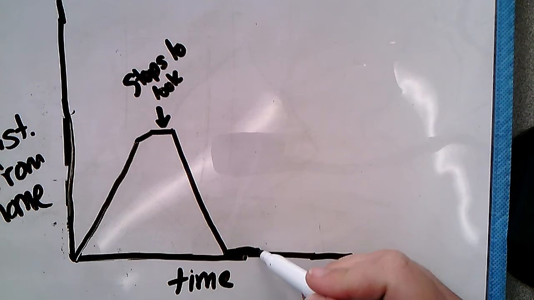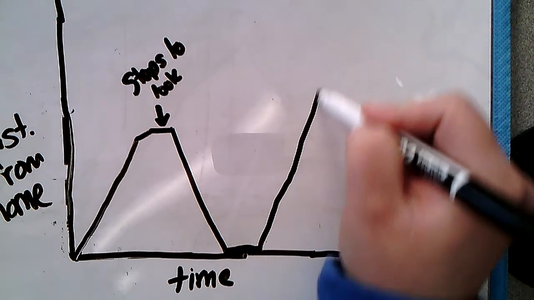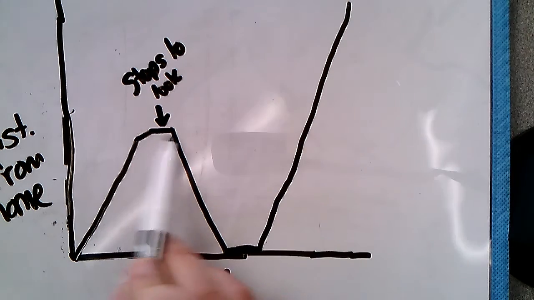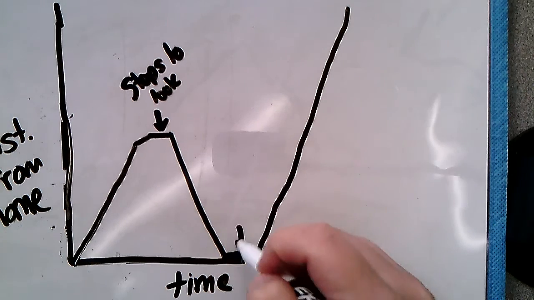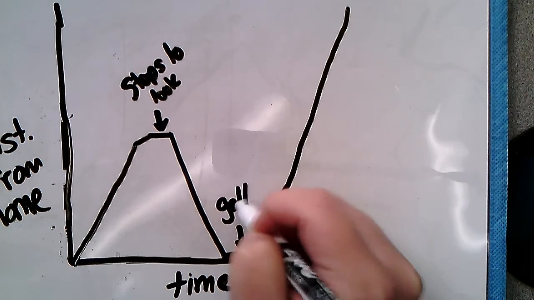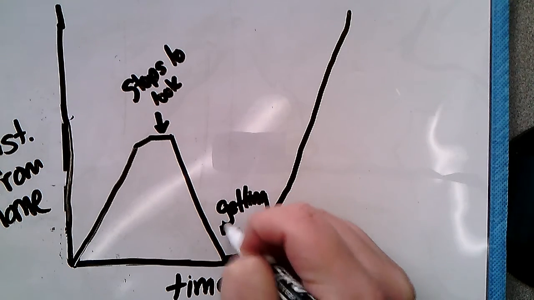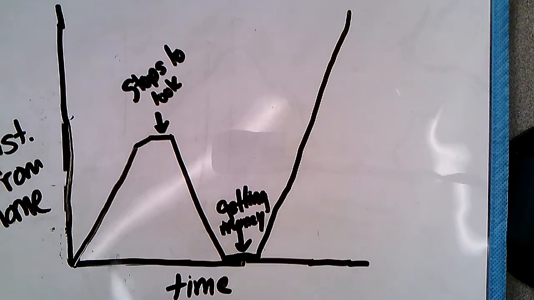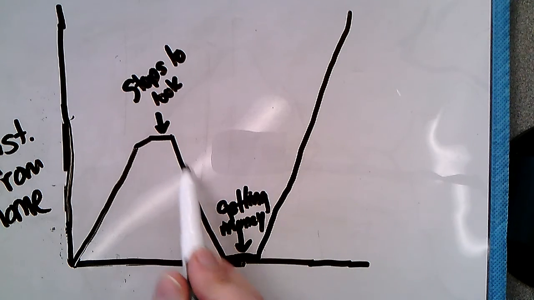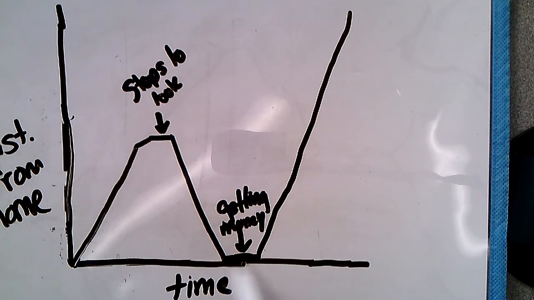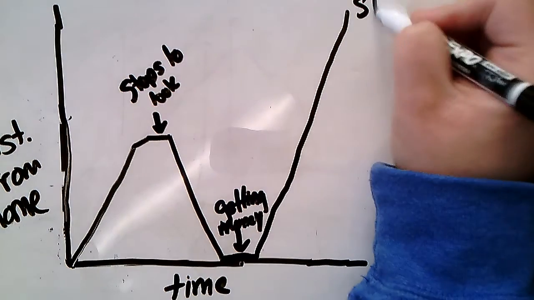So she's found her money, and then let's have her go all the way to the store, making sure that's about halfway of the whole thing. So this is getting her money. Okay, so to the store, forgets, stops to look, going back home, at home getting her money, and then going all the way to the store.